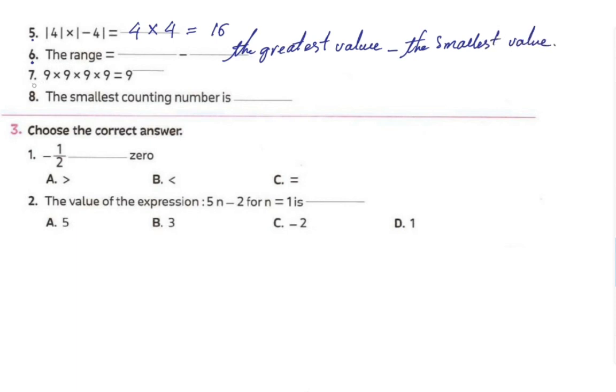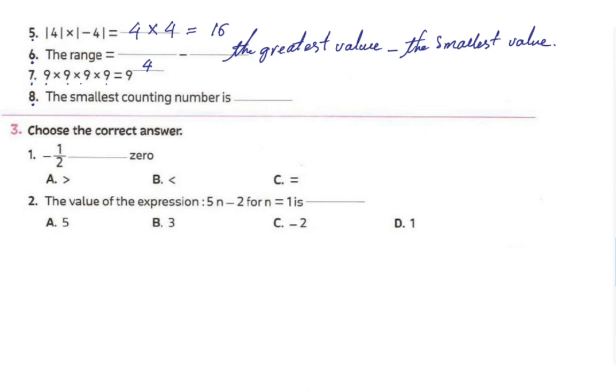Okay, next point, we have 9 times 9 times 9 times 9 equals 9 to the power of what? How many 9s are here? We have 1, 2, 3, 4. So when you multiply 9 by itself 4 times, that's equal to 9 to the power of 4.